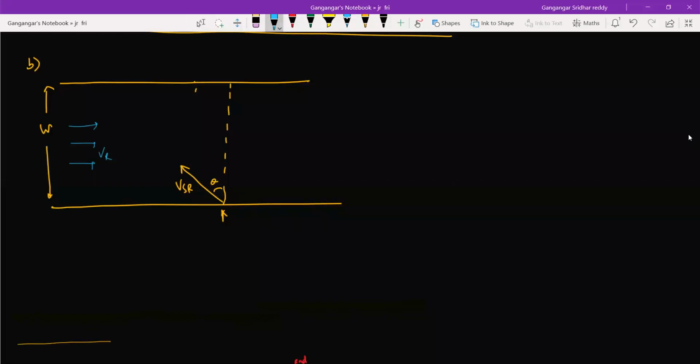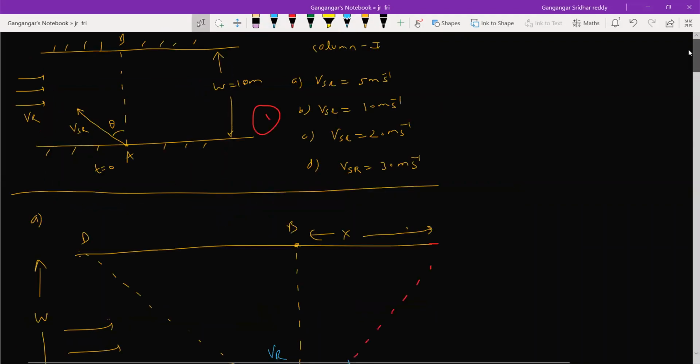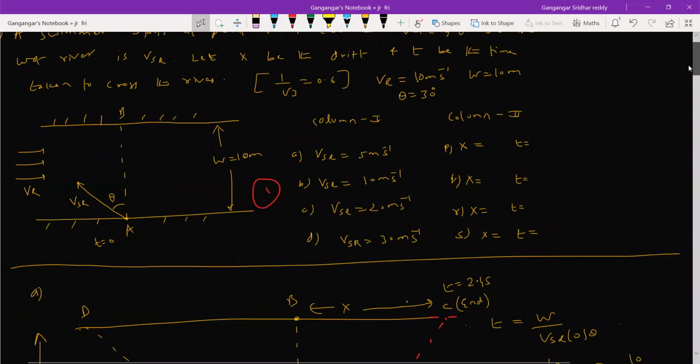Anybody, value? This is point B. VSR in this case is 10. Anybody, can you give me the values? T equal to?